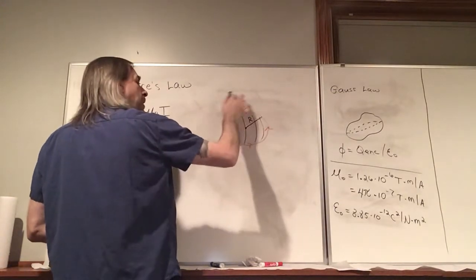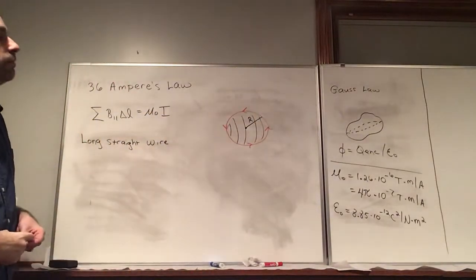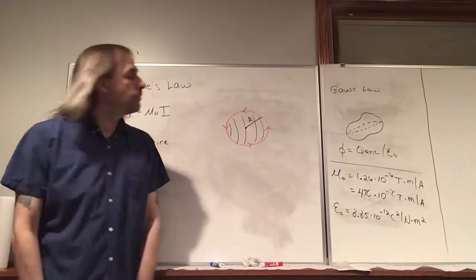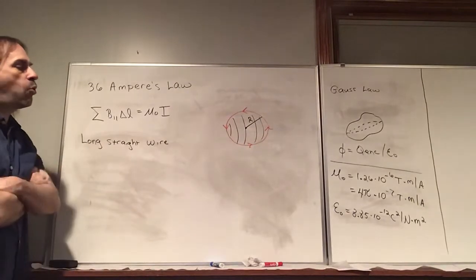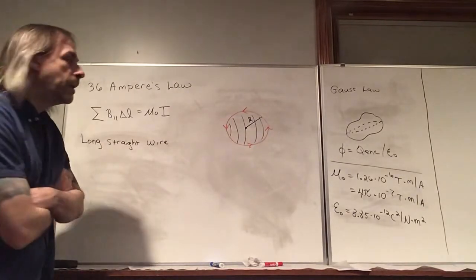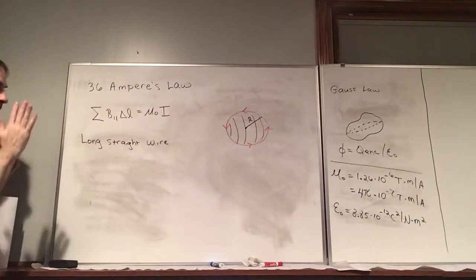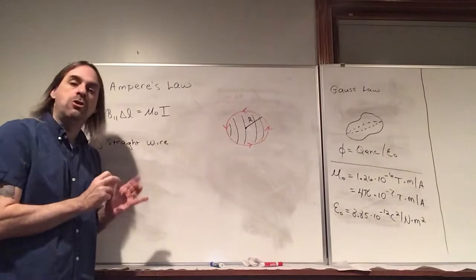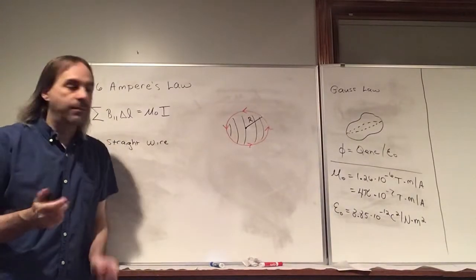The boundary of our circular surface is just a circle. So two really important things happen here. One, let's look at Ampere's law. What we don't know here is the magnetic field. That's what we're trying to find.